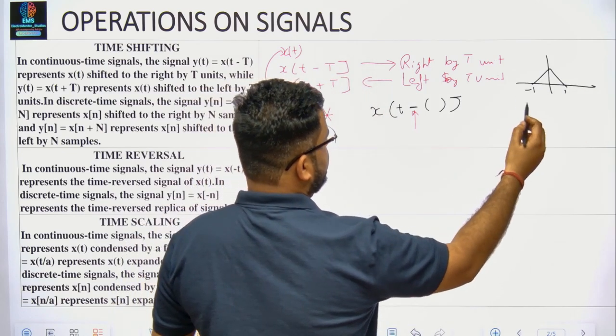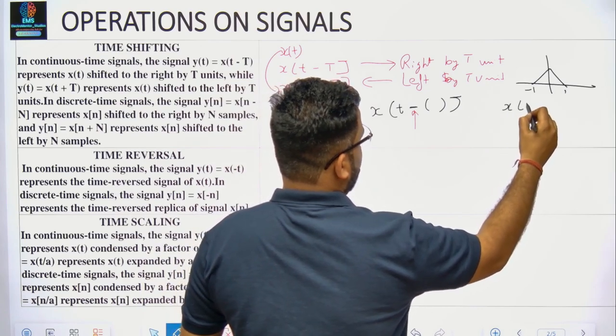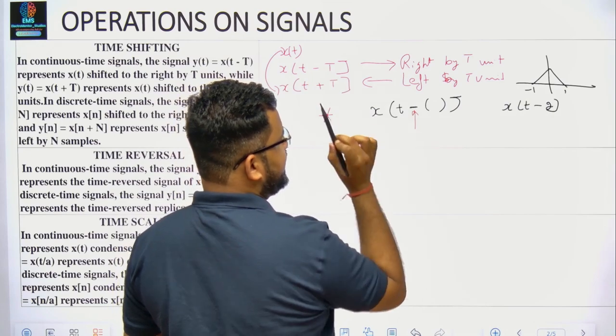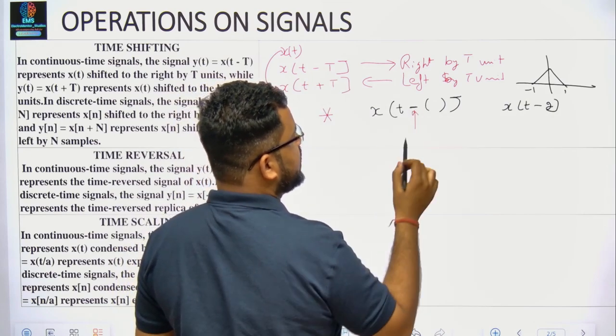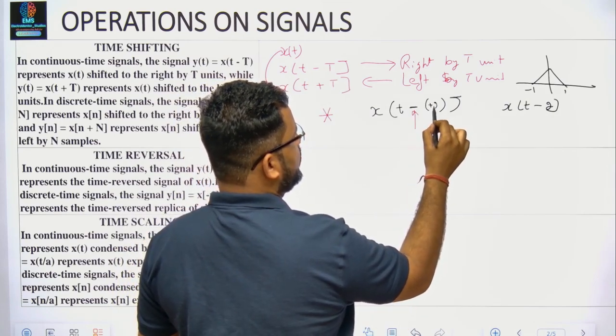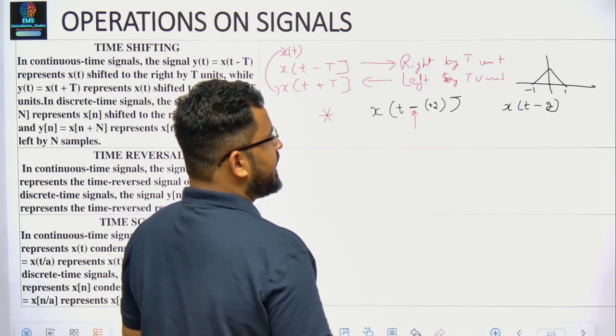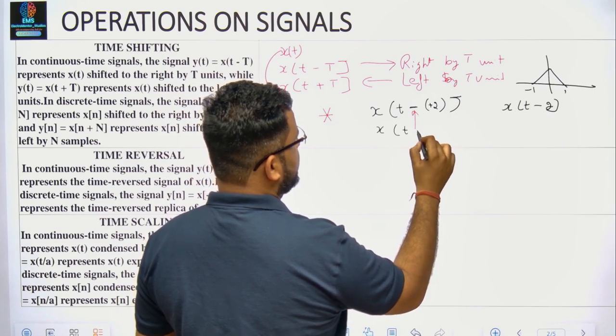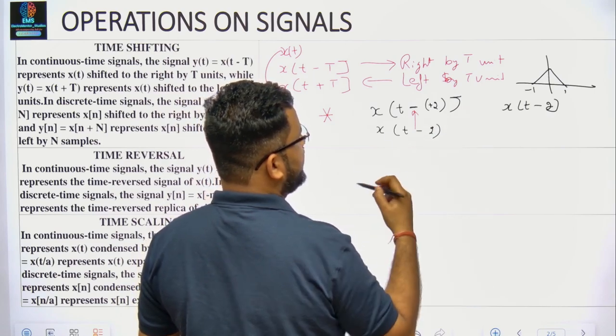You want to shift this x of t, you have to plot x of t minus 2. So simply keep a minus sign over here and maintain this. For maintaining this, you have to write down plus 2. Is it clear? Now, if you write it down as plus 2, then the equation reads x of t minus 2.